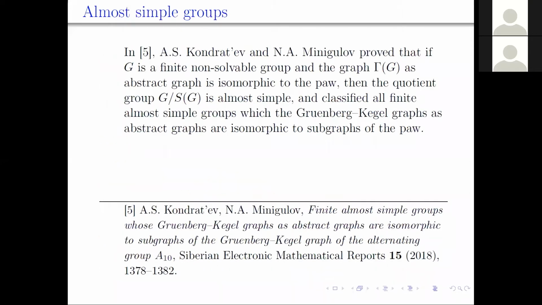So, in our joint work with Anatoly Kondratyev, we proved that if G is a finite non-solvable group and the graph gamma(G) as an abstract graph is isomorphic to the paw, then the quotient group G by S(G) is almost simple, and we classified all finite almost simple groups whose Gruenberg-Kegel graphs as abstract graphs are isomorphic to subgraphs of the paw.